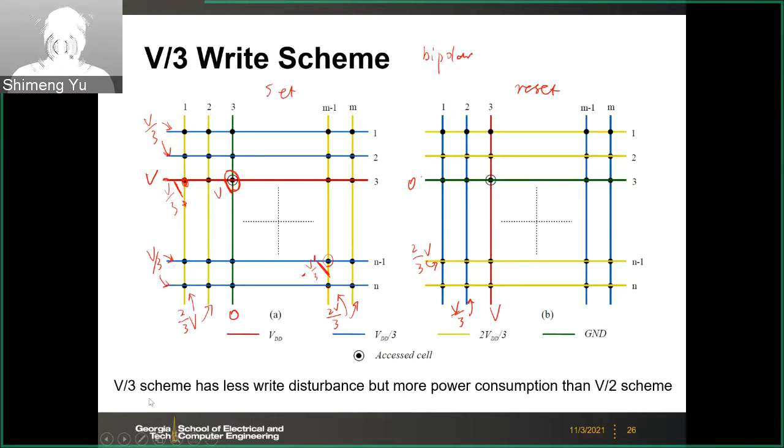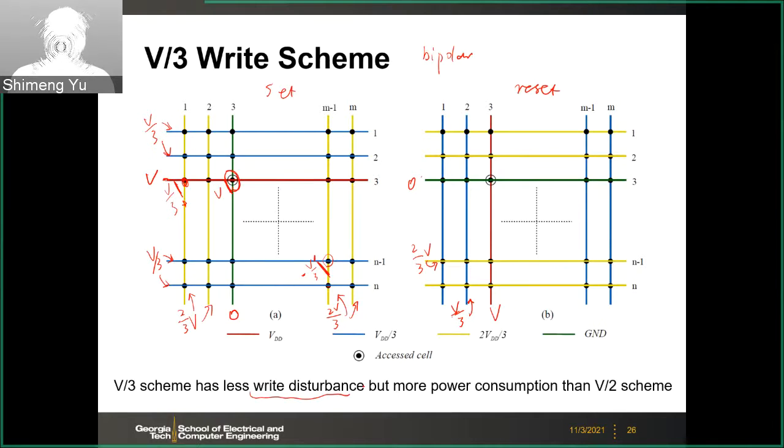So of course, V/3 will have less disturb because you see less voltage drop on the unselected cell. So you have less chance to disturb the state of the device. So it has less write disturbance. But it may consume more power.